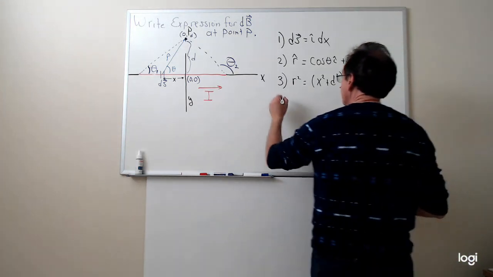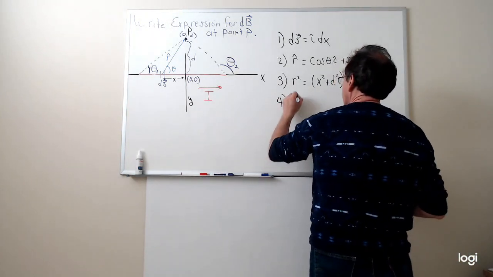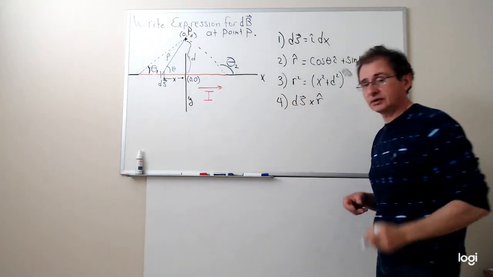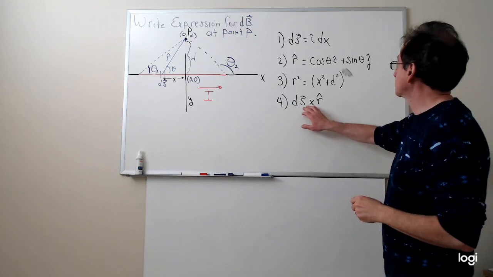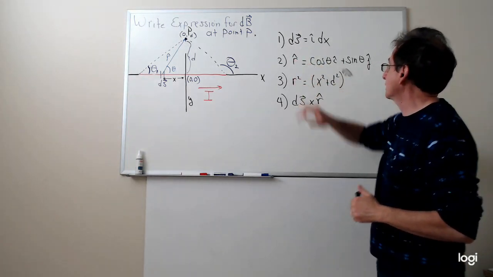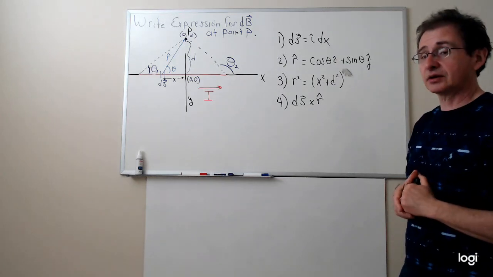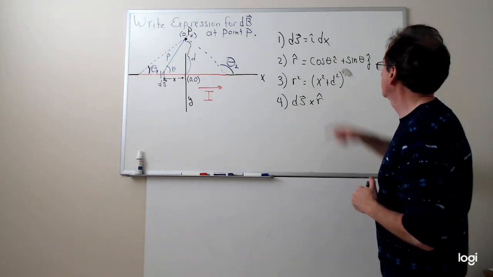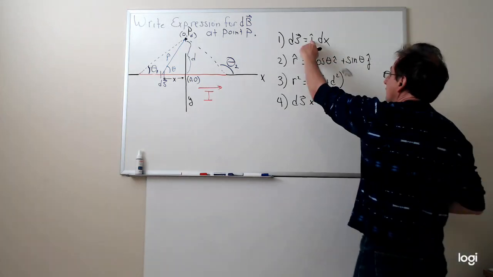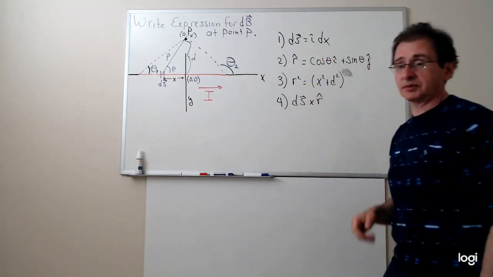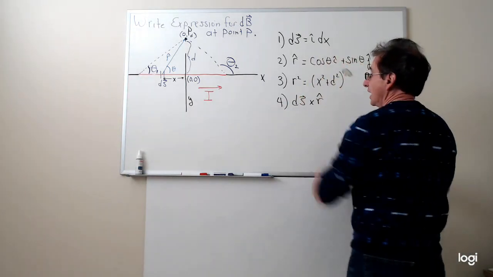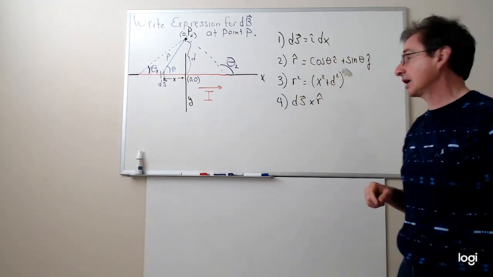The next thing is to calculate ds cross r hat, which is this cross with this. When I take the cross product of this guy with this guy, the i component will cancel because i cross i is 0. i cross j is in the k direction.